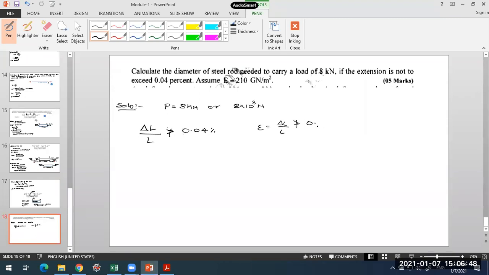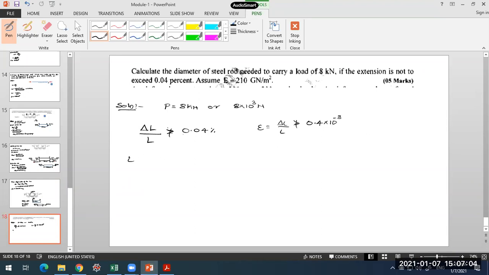How much it comes out? 0.4 into 10 raised to minus 3. So it should not be more than 0.4 into 10 raised to minus 3.